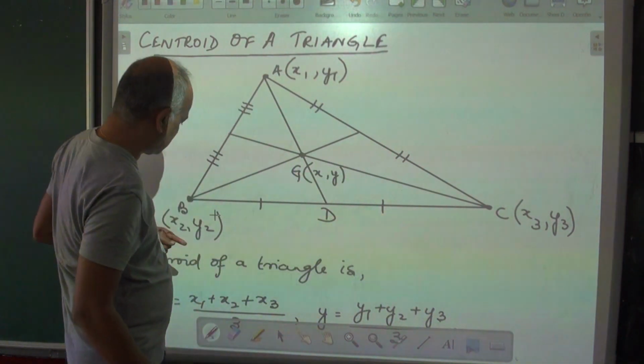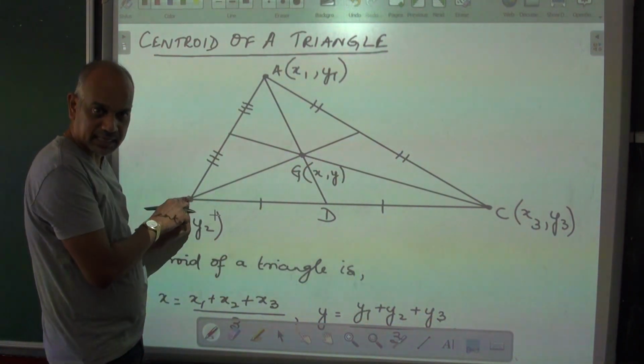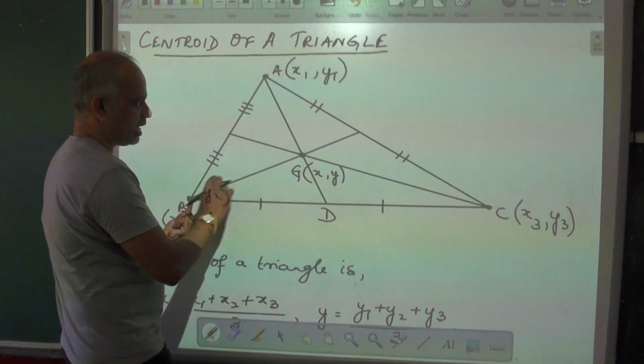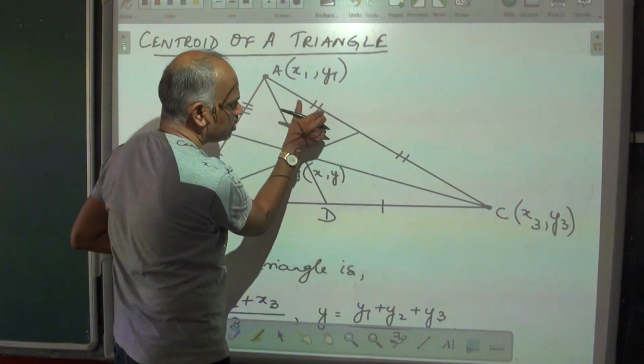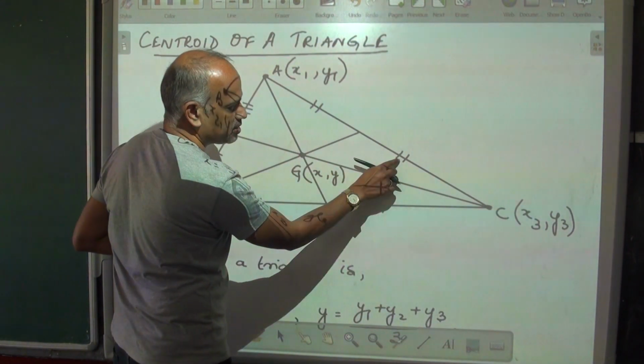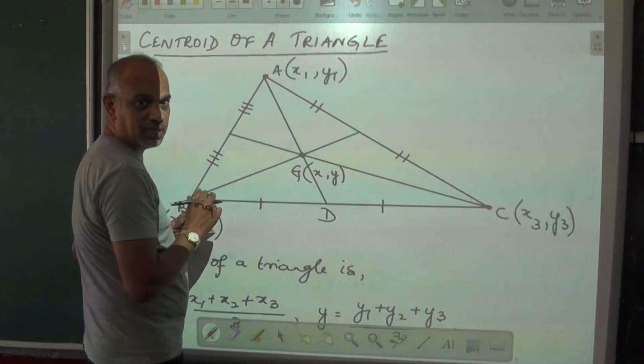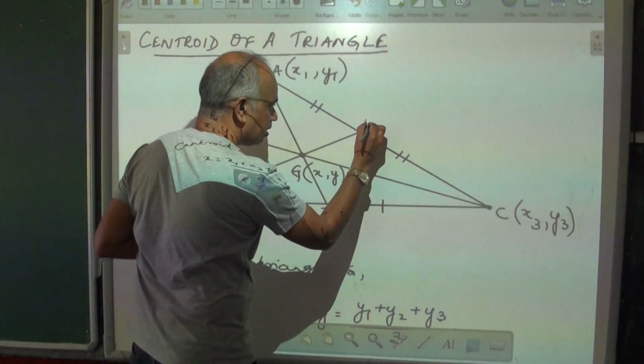The second median starts from B, the second vertex, and it goes to the opposite side, that's AC, and divides this opposite side into two equal parts. This and this are equal. So let's name this second median as BE.